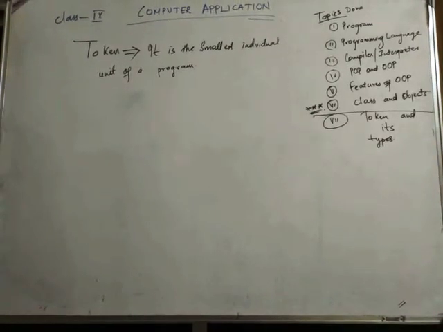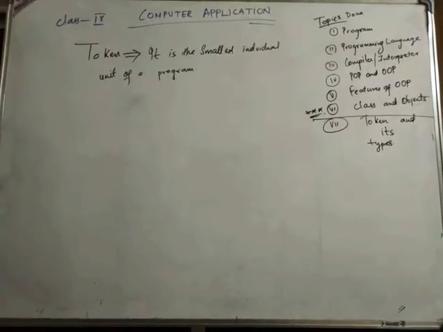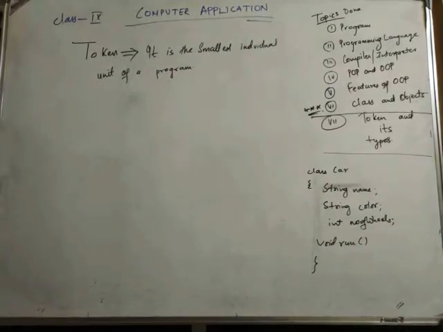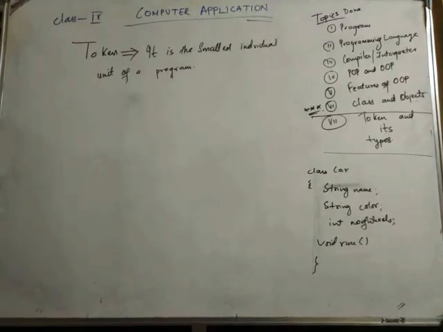Whenever you write a program, let's take an example. I have written an example which we have done before: class Car, String name, String color, int numberOfWheels and a void run. If you see in this small program, everything, even braces, a blank space, a semicolon, everything which you see in this program is a token.